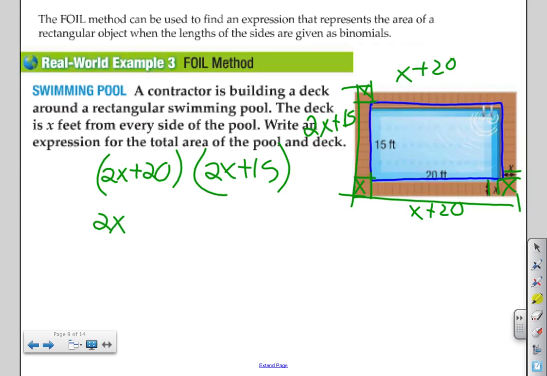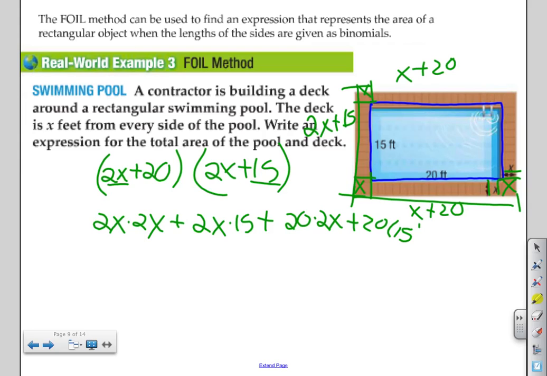You'd go to first, 2x times 2x, and then outers you go 2x times 15, because those are the outers right here, right? And then the inners are going to be 20 times 2x, and the last is 20 times 15.